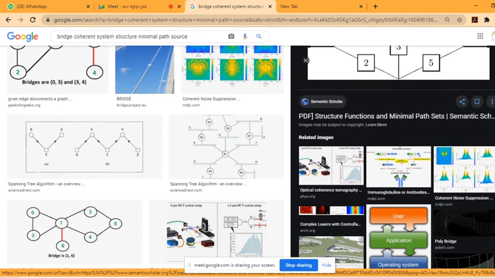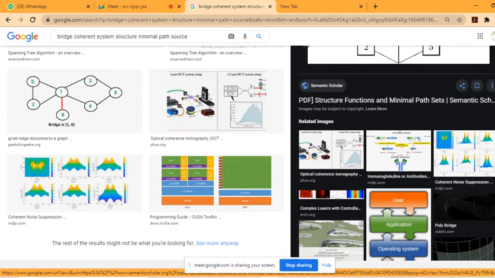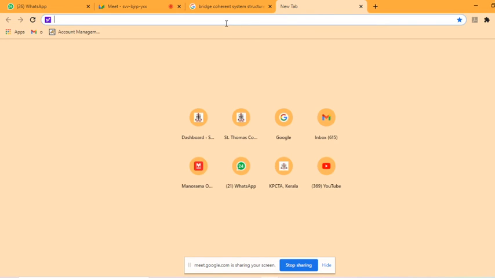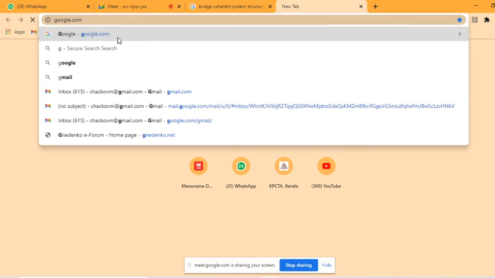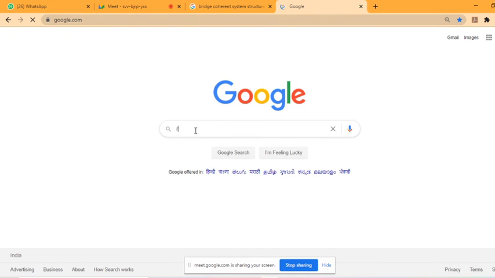This is applicable in engineering statistics and engineering mathematics. You can see plenty of journals available in reliability theory. Journals mean recent works and publications.